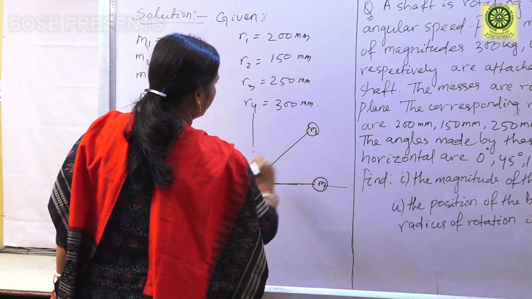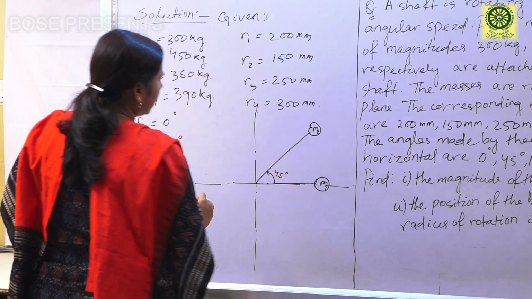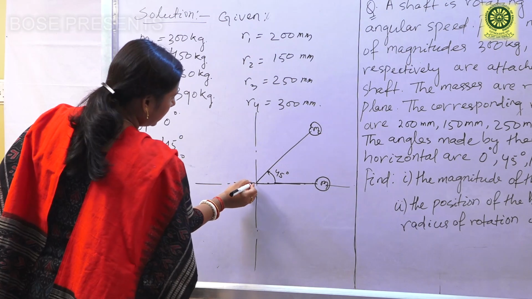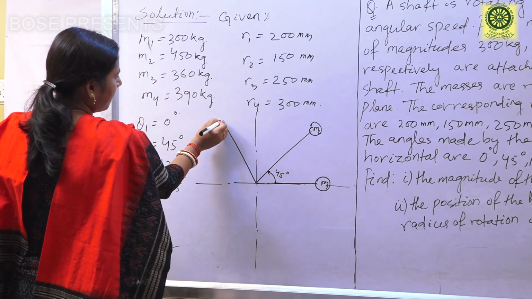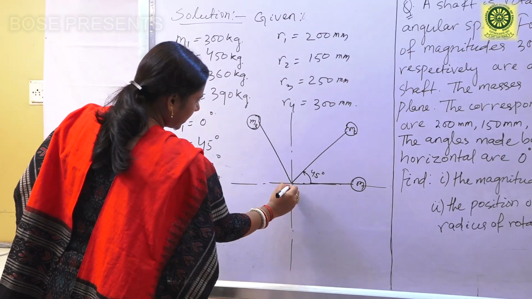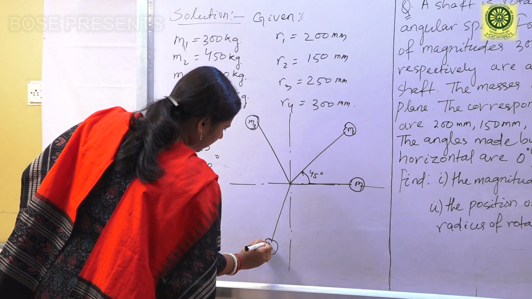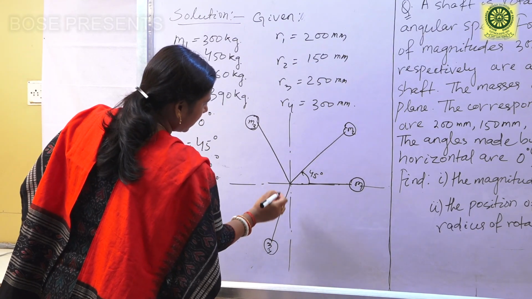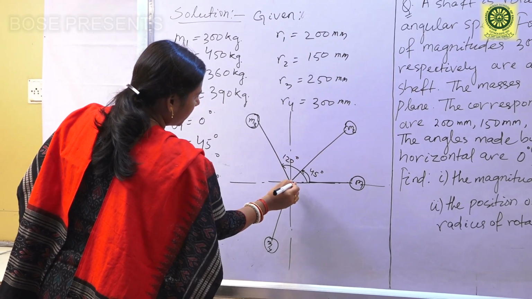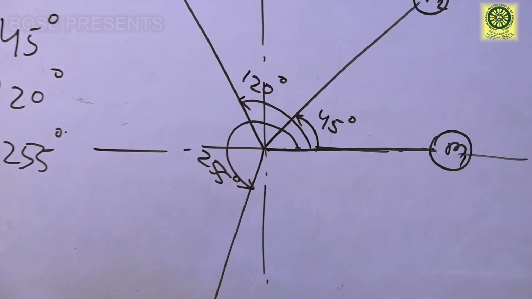Next, here M3 is making an angle 120 degree, and M4 is at 255 degree. These angles are given.